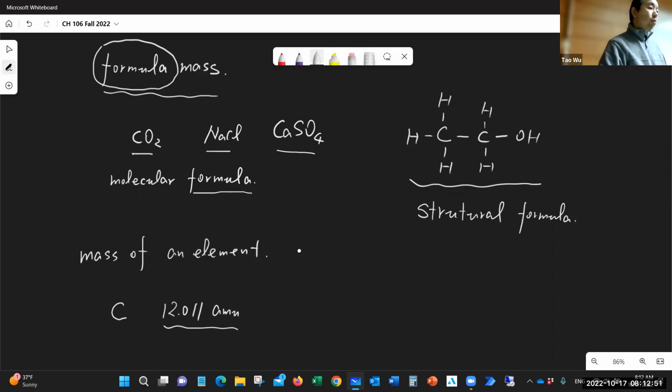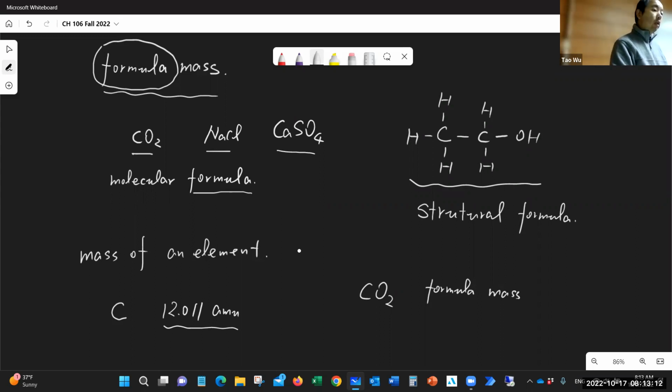So what is the formula mass of CO2, carbon dioxide? If you want to figure it out, you just need to figure out how many of each element are in this formula.